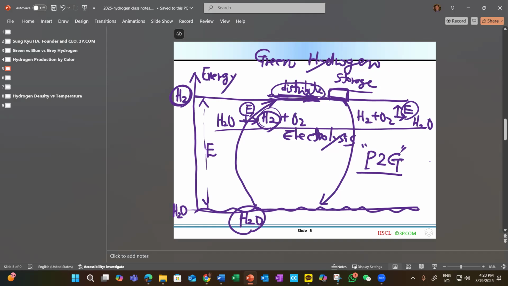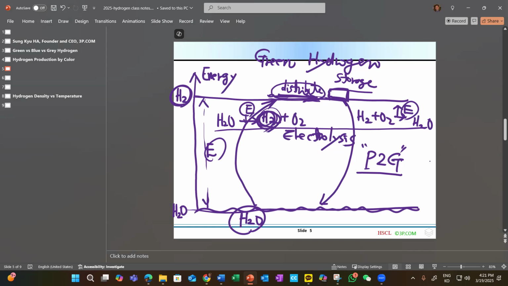So whenever we have energy, we convert it into a gas, hydrogen, and then we can distribute it rather than just using electric wires. Because with energy through electric wire, we can lose a lot of energy.